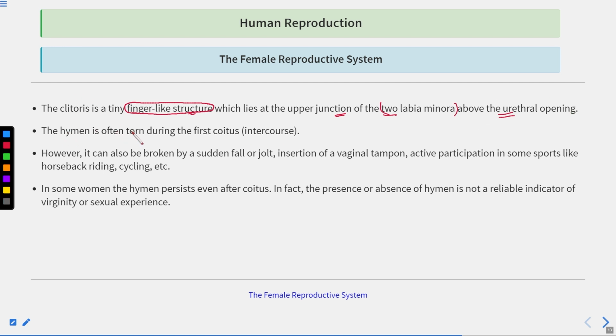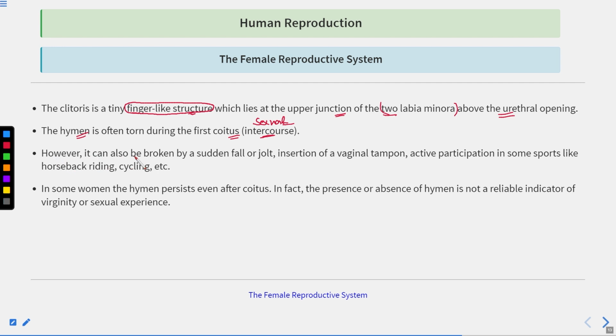Now, the hymen is often torn during the first coitus, which is known as intercourse. What is coitus? Coitus is known as sexual intercourse. Clear? So the hymen, we have seen, is a membrane which is covering the vagina. So this breaks during the first sexual intercourse.